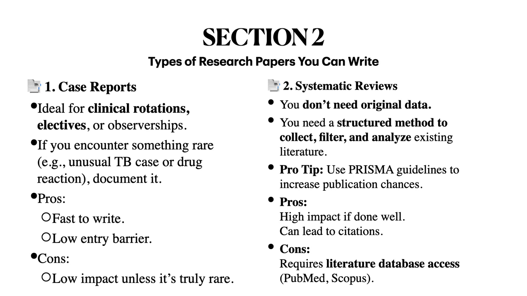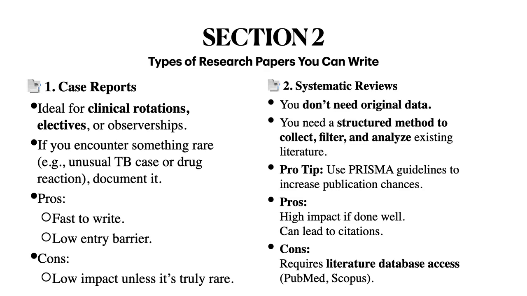The advantage of systematic reviews is that they are high impact if executed well, and they can lead to citations. A citation is when you write a research paper, you publish it, and then some other person writes a research paper and uses your paper as a reference. That is a citation, right?